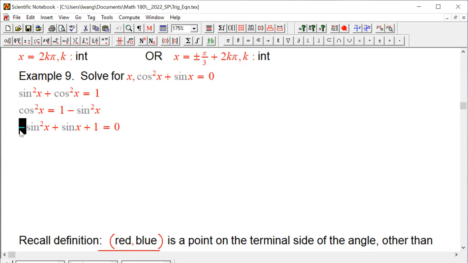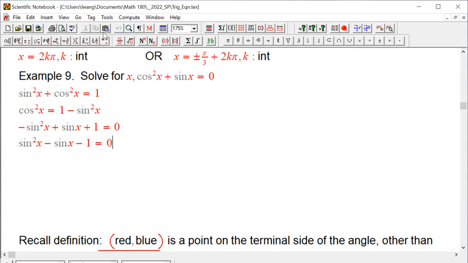If you don't like to see this negative sign, multiply both sides by -1. Then you get sine squared of x minus sine x minus 1 equals 0. Let's see, what do we get from here? It looks like it's going to be difficult to factor.